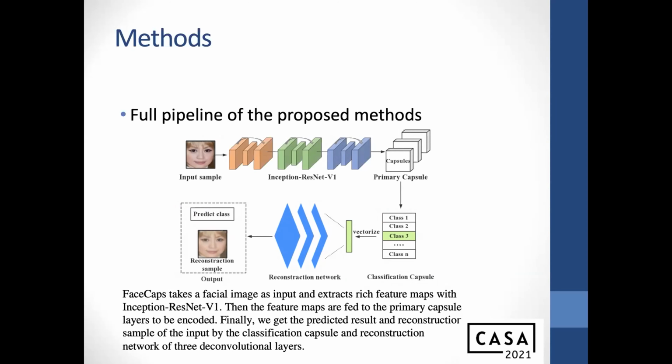Such modeling can naturally be used as feature-level regularization so that our model can quickly learn the rich facial feature information. And also we improve the discriminability of the learned features by building a 3D convolution-based dynamic routing with the capsule network.